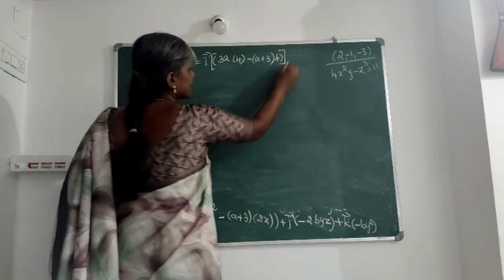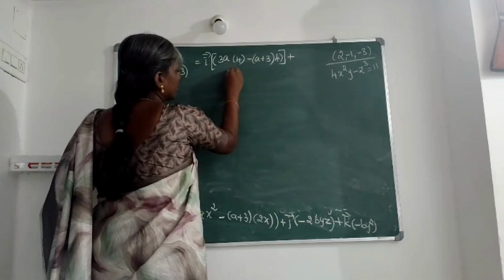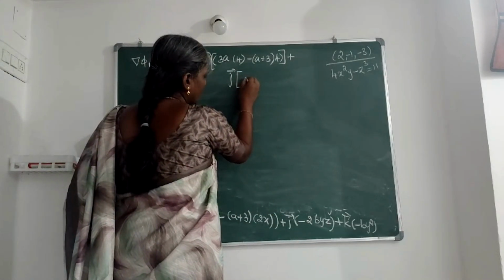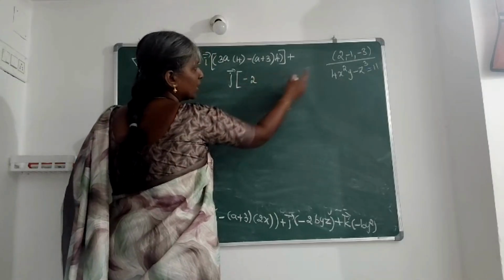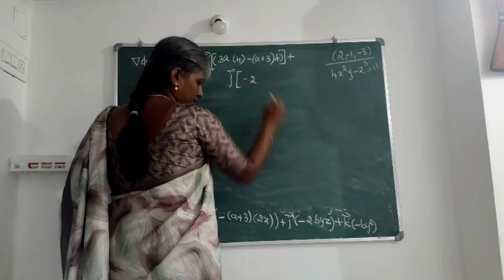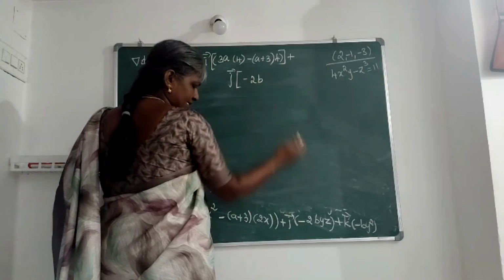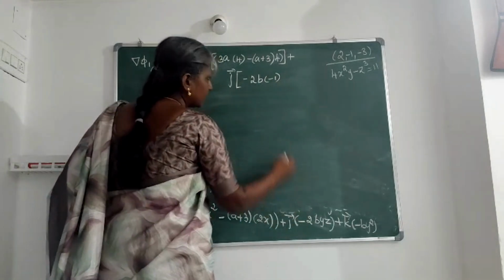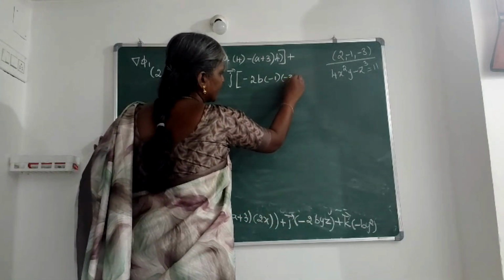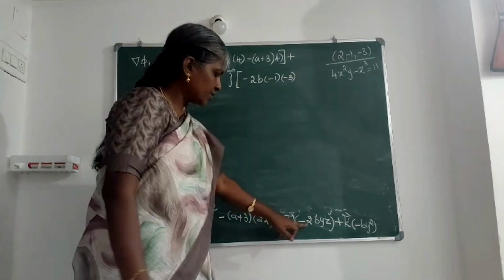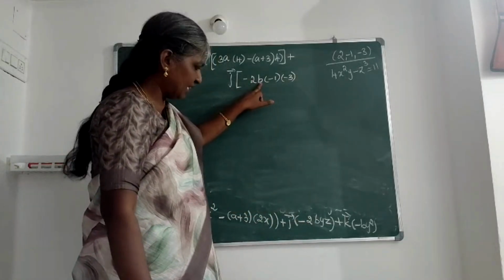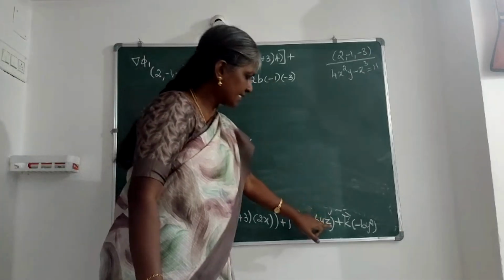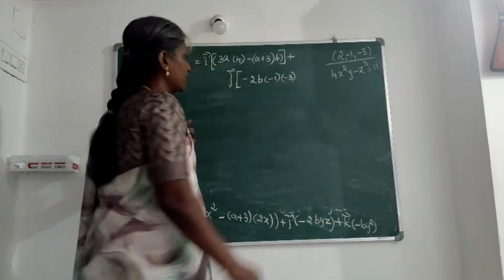Plus j vector of −2b, b is nothing but a constant, the y value is nothing but −1, the z value is nothing but −3.